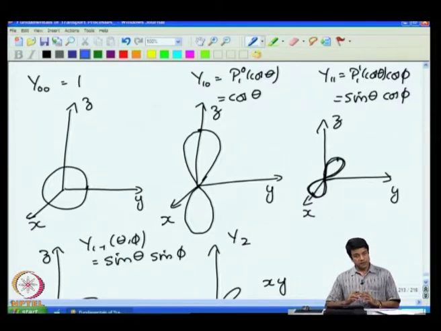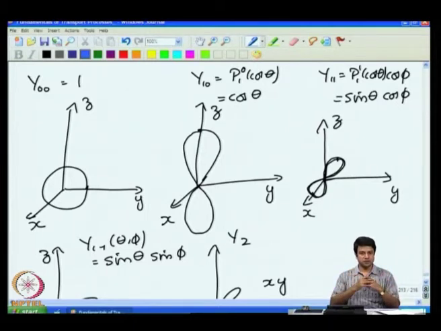And I had briefly discussed for you the symmetries of these Legendre polynomial expansions, the symmetries of the spherical harmonics. Y00 is a constant, it is independent of theta and phi. Therefore, there can be a variation in Y00 only in the r direction.